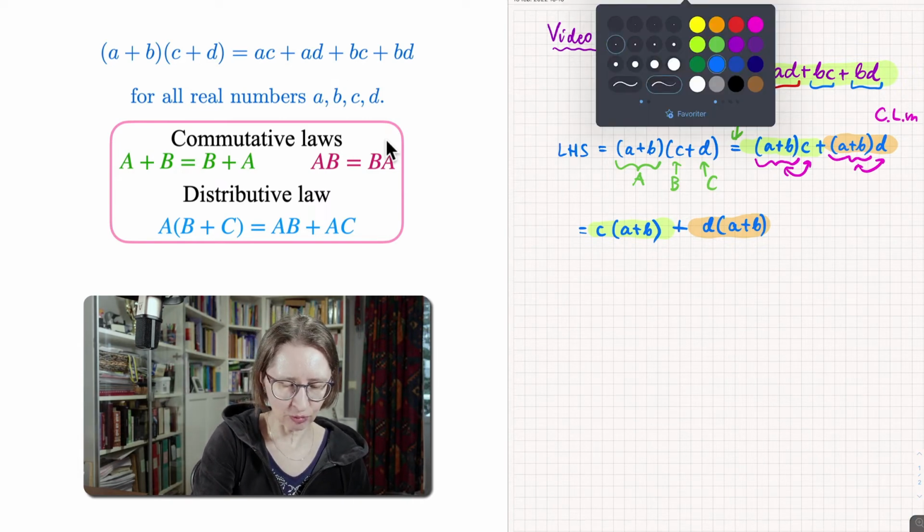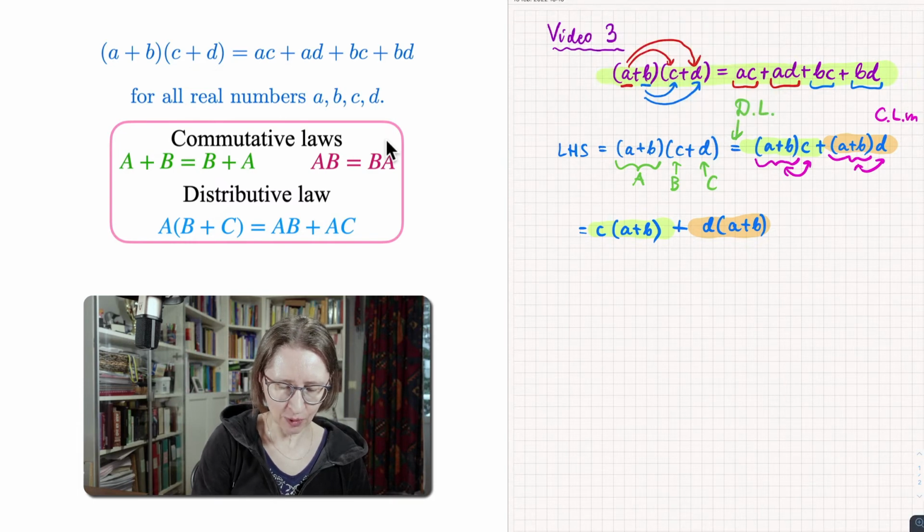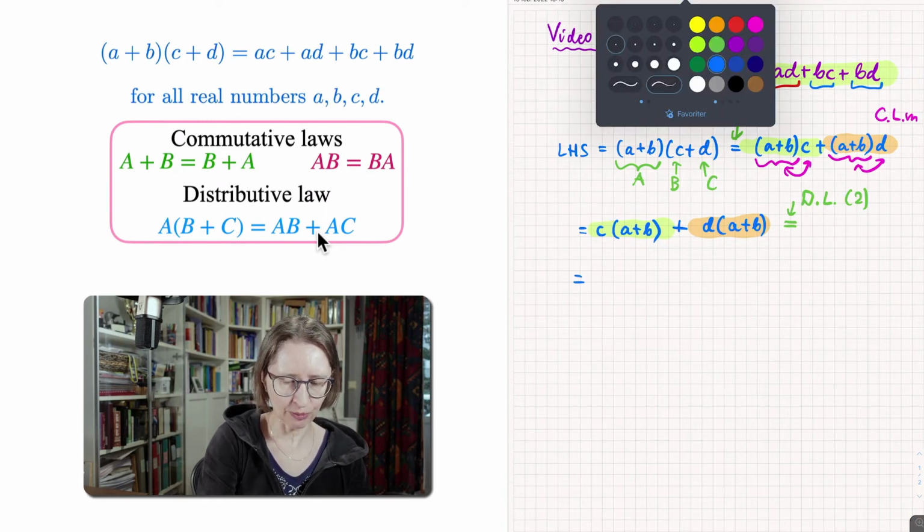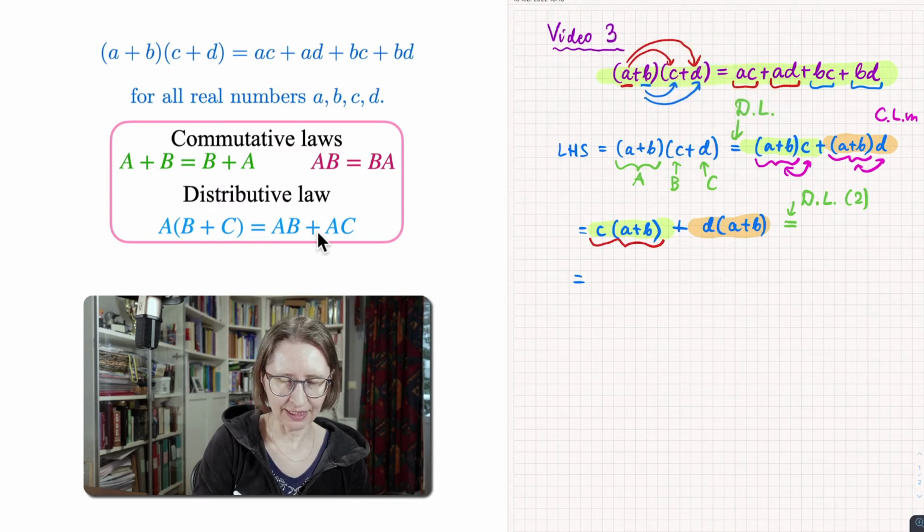And you see, I'm almost done here, because now I will use the distributive law twice. Distributive law twice. First time for this first expression here. Maybe I will put it in red. So this, according to the distributive law, is equal to CA plus CB.